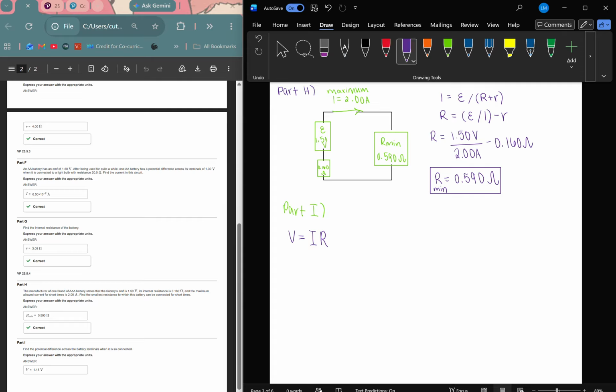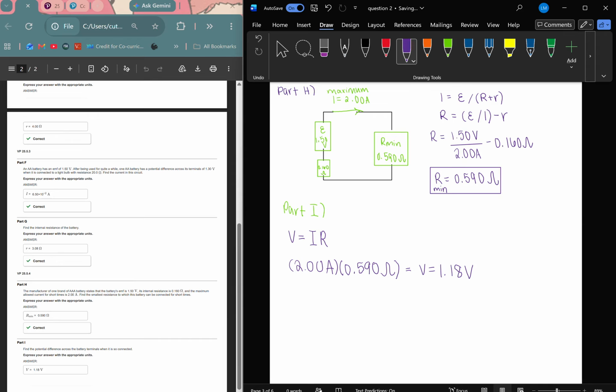We know that the current is 2.00 amperes. Multiplying that by R minimum, which is 0.590 ohms, and we're going to put that in the calculator, and I got 1.18, and V is equal to 1.18 volts.